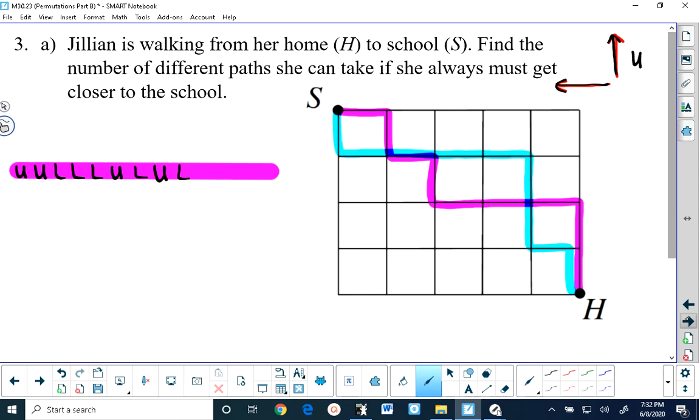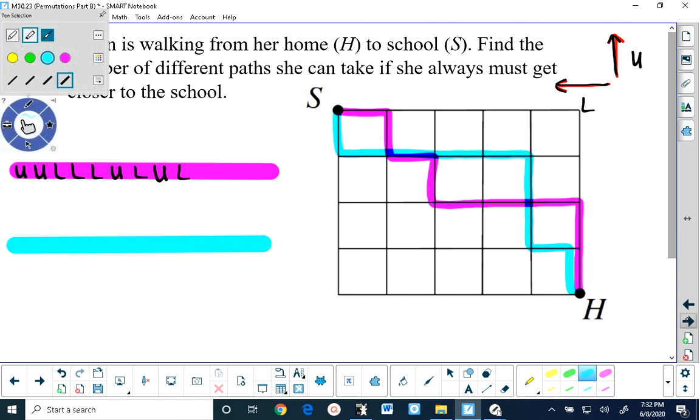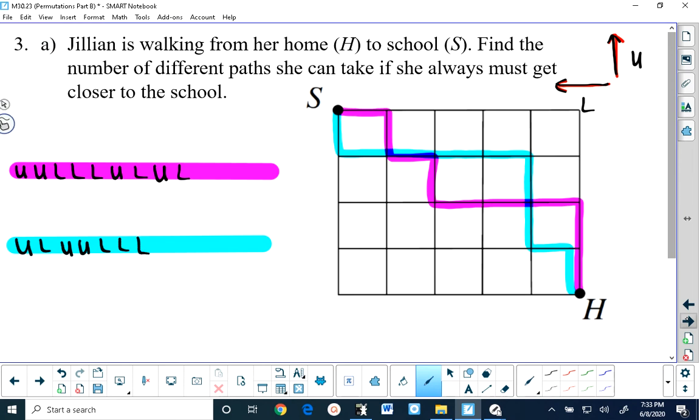Well, one of them is up and one of them is to the left. So when you take a look at the pink pathway, she travels up, up, left, left, left, up, left, up, left. On the other hand, when you take a look at the blue pathway that she takes on a different day, she starts by moving up, then she moves to the left, then she moves up twice, then she moves left a total of 4 times, and then she moves up to finish her journey.